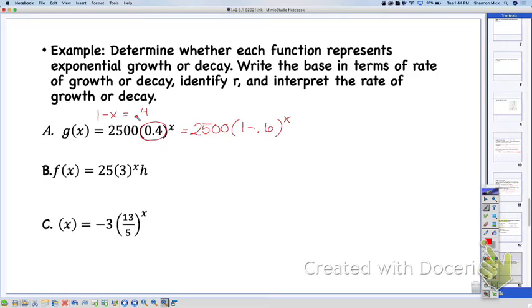Got it? Yes. So it's a decay problem. And what is my rate? Well, whatever your B, 0.6. 0.6 is my rate, or 60%.